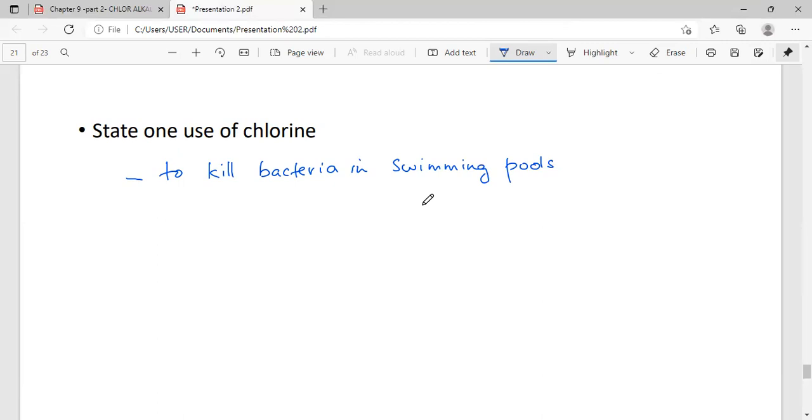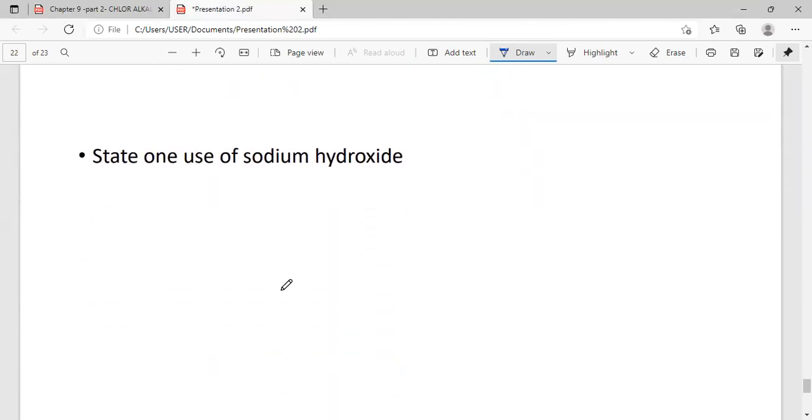Okay, so if you just write swimming pool, drinking water, it doesn't have any meaning. You need to give a little bit more information, though it is 1 mark. Okay, all right, next one. State one use of sodium hydroxide. To make soap. Okay, good.